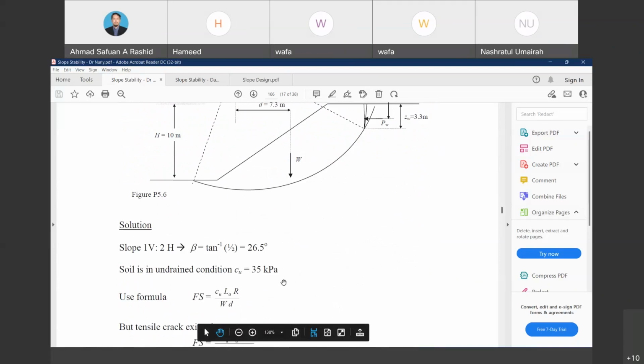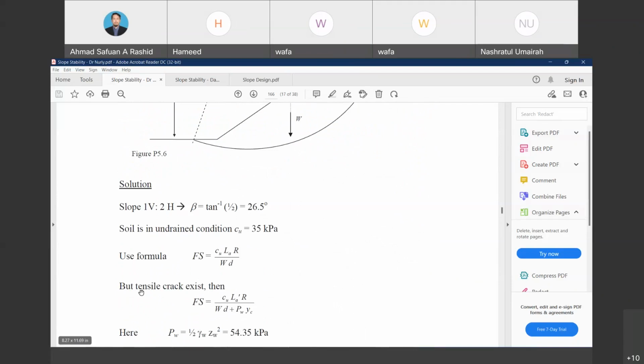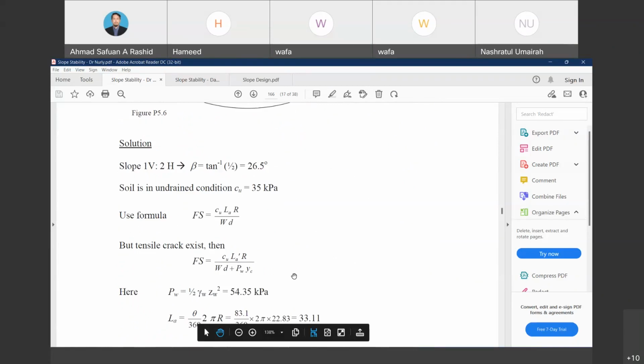The angle is 35. Then we could not use this formula, then we need to include the tension crack as well in this solution to solve this problem.